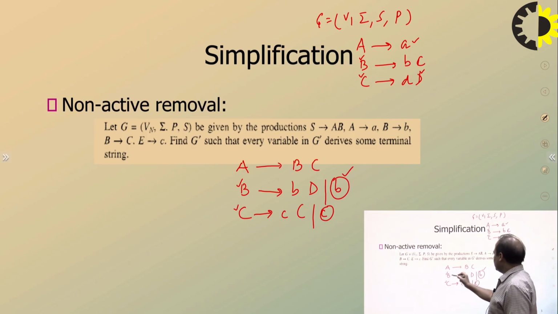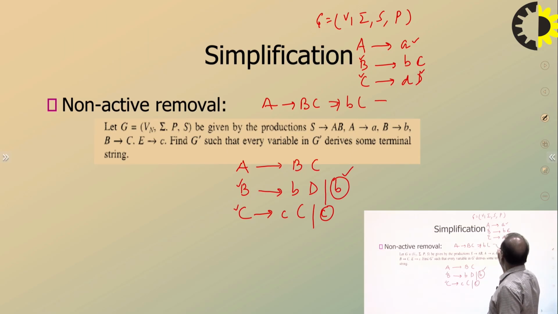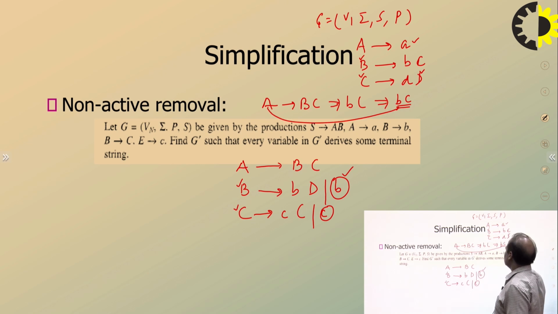Since B and C are active variables, and the production is A goes to BC, B derives a terminal string and C also derives a terminal string. So A can also derive a terminal string.